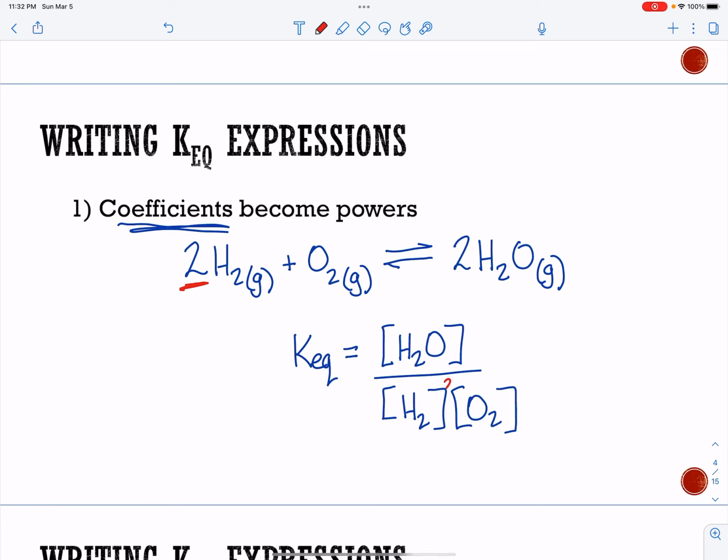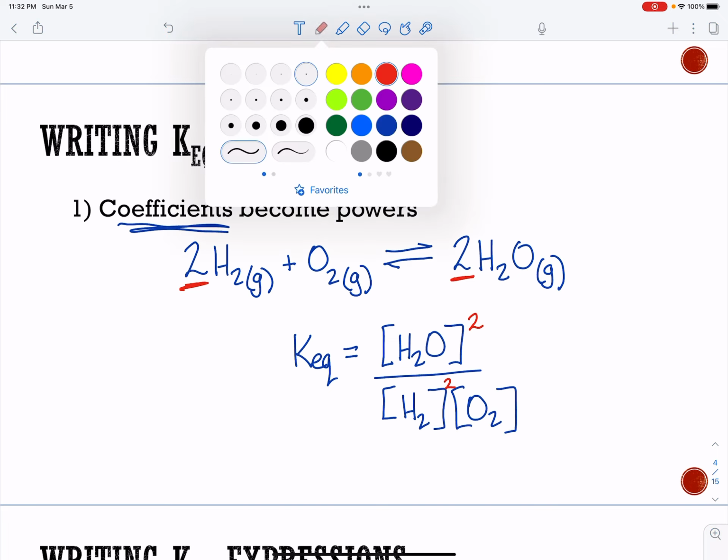That coefficient is going to become a power in the KEQ expression. This 2 for the water, similarly, is going to become a power. So we're going to show that that's the concentration of water squared divided by the concentration of hydrogen squared multiplied by the concentration of oxygen. That's equal to our KEQ.